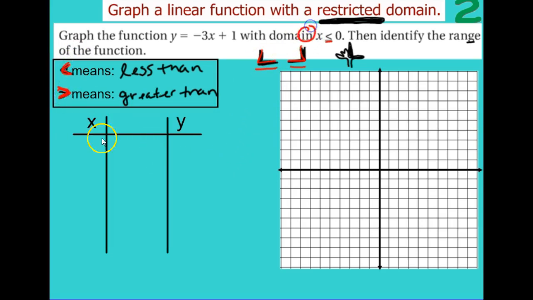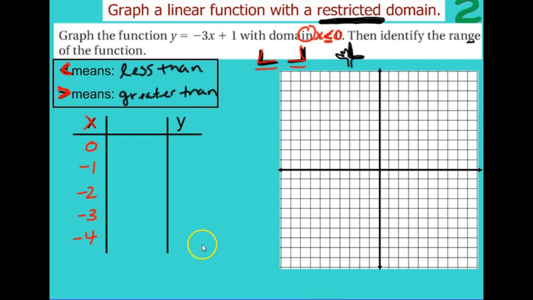So our domain, what we're plugging in for x, is going to be like an L, less than or equal to 0. So if we were starting at 0, could be equal to 0. Numbers that are less than 0, they're not positives, they're negatives. So less than 0 would be -1, -2, -3, and -4.